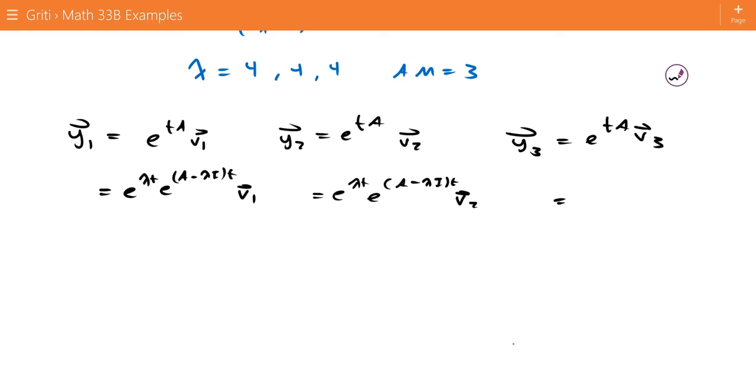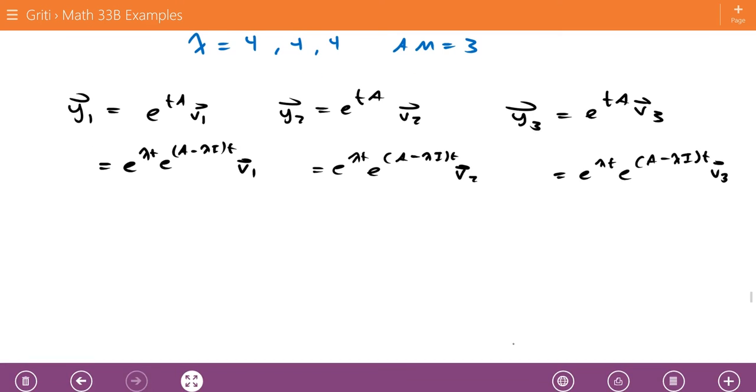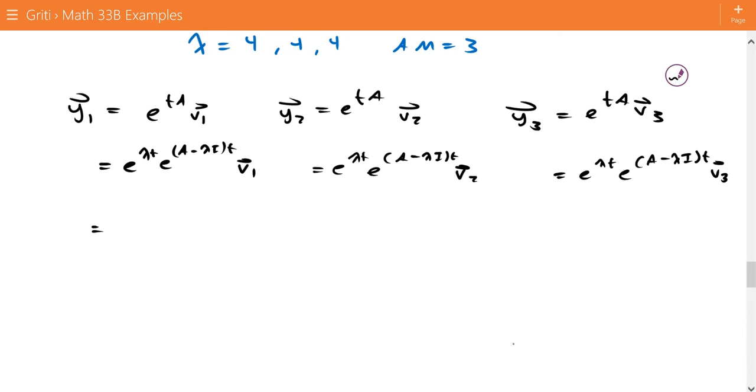This is going to be e to the lambda t times e to the (A minus lambda I) t v3. And our next step is just to plug in the eigenvalue. It's the same for all, so it's e to the 4t, e to the (A minus 4I) t v1, and then so on for the others.